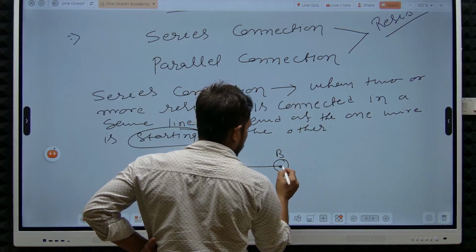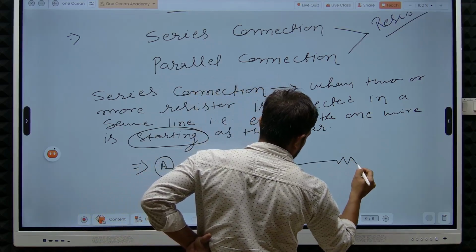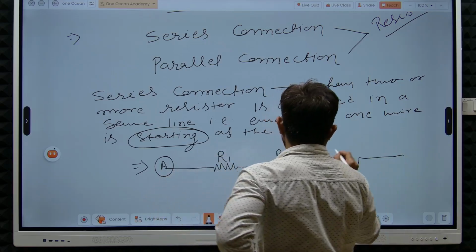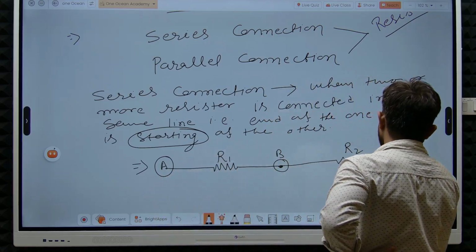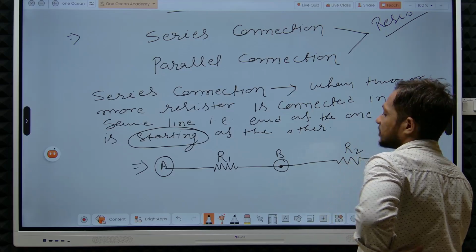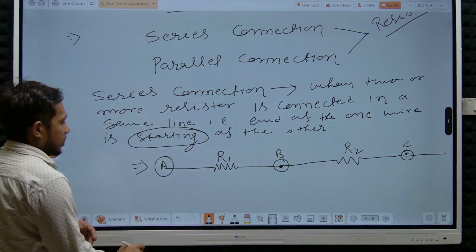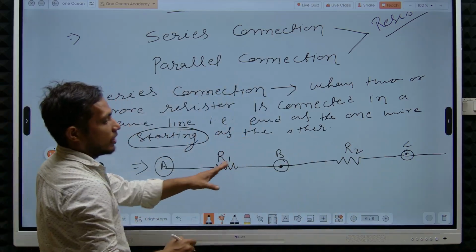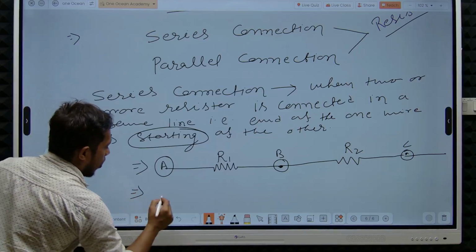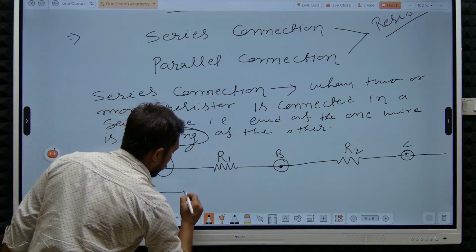That is R2, and this is the point C, the end point. So this type of connection is known as the series connection.